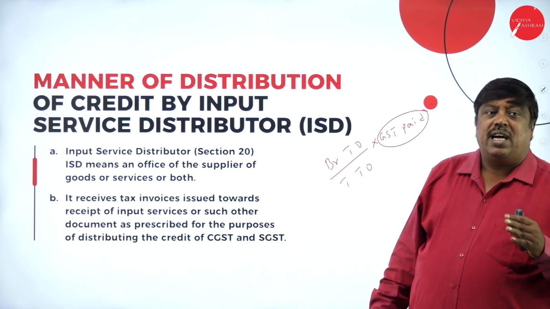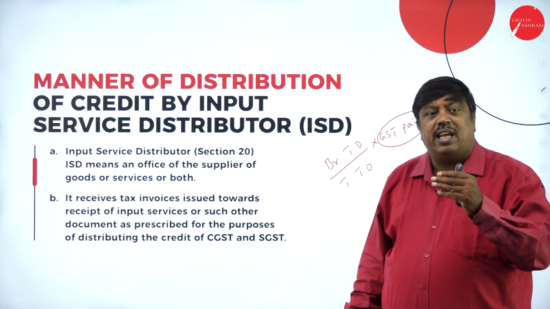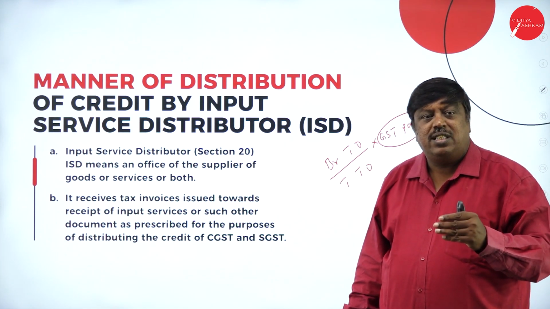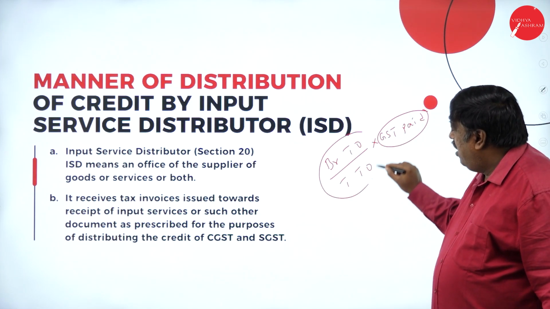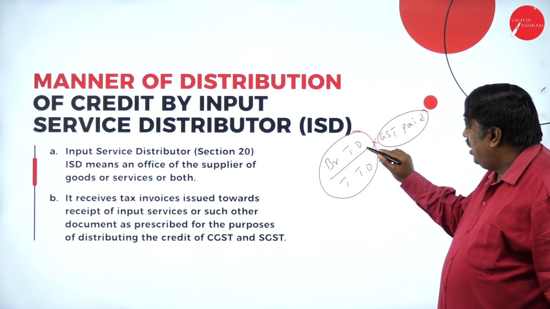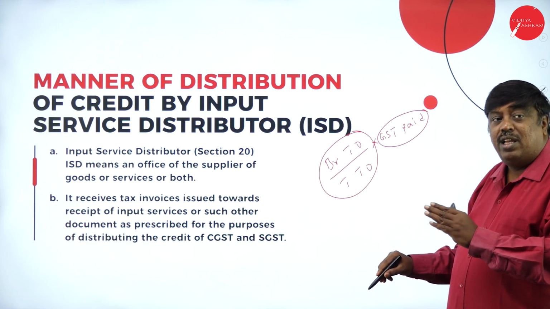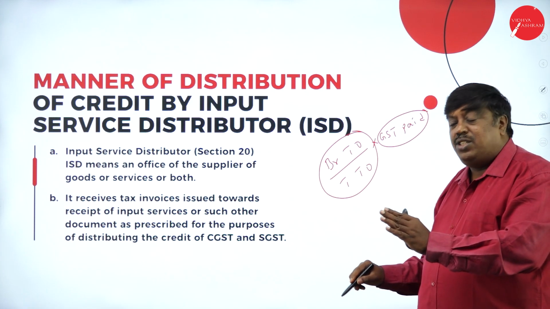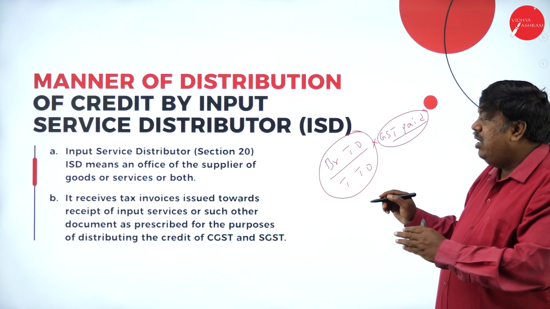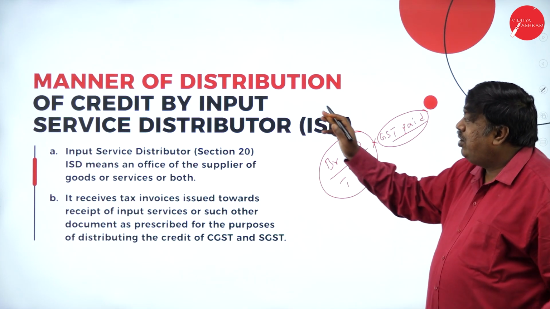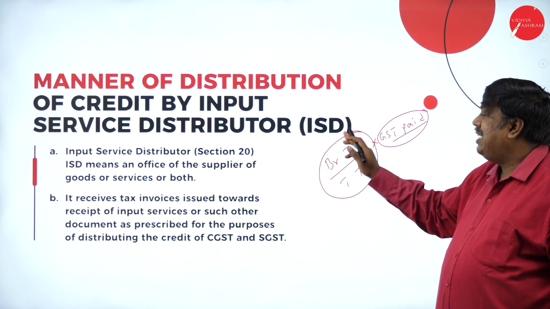That benefit can be adjusted with the turnover of each and every branch or head office with the calculation in this format: branch or head office turnover divided by the total turnover including head office and all the branches, into the total amount of GST paid. So this is the formula for the manner of distribution of ITC for the ISD.